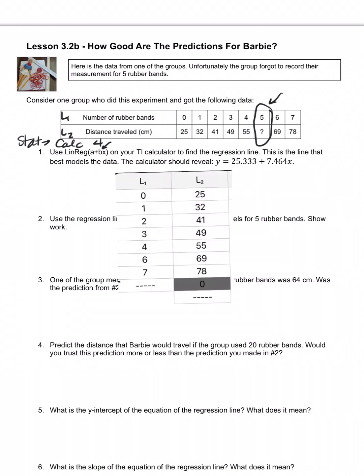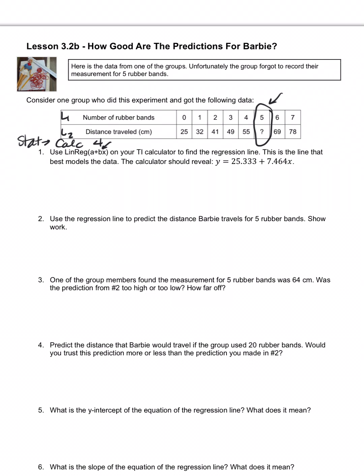So here it is. The line that best fits this data is this equation. Now, that's the way it looks in Algebra 1, right? But in stats, we have to throw in some extra symbols and context, because we are trying to predict the distance that Barbie falls, right? By the rubber bands.